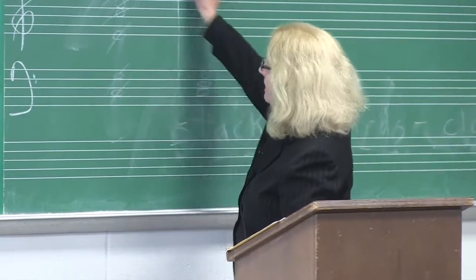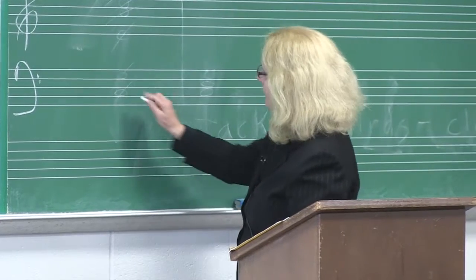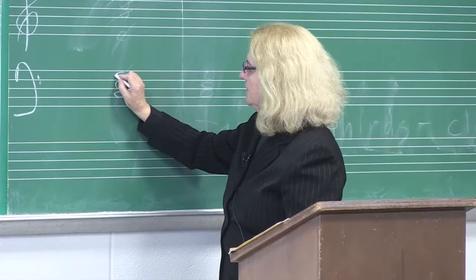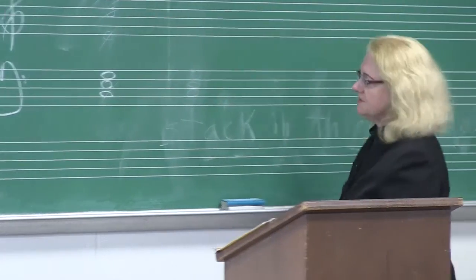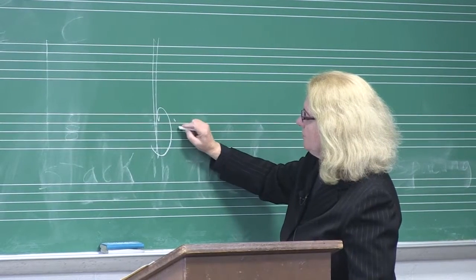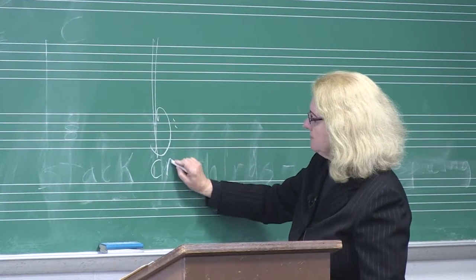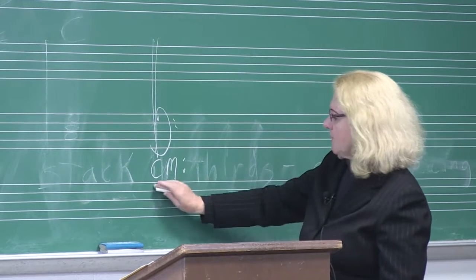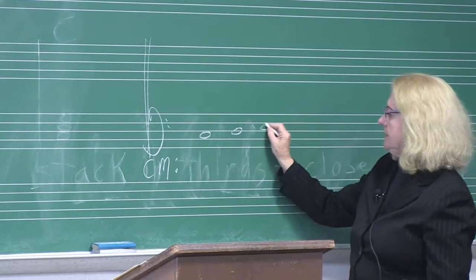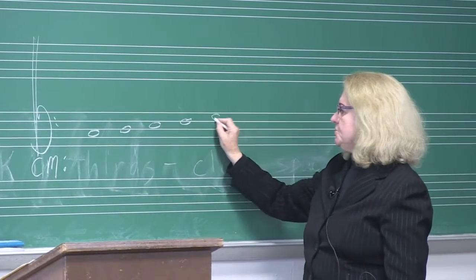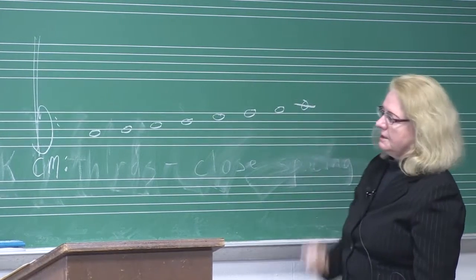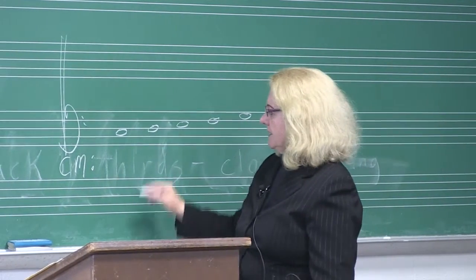And so I've got C, E, G. And as we know, if we're working with a C major scale, here I'm calling the key C, D, E, F, G, A, B, C. I stay in the key.